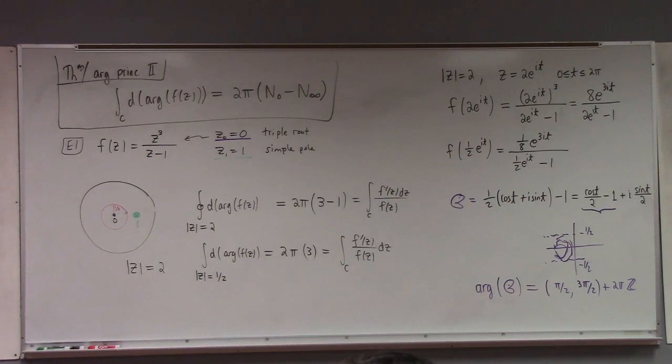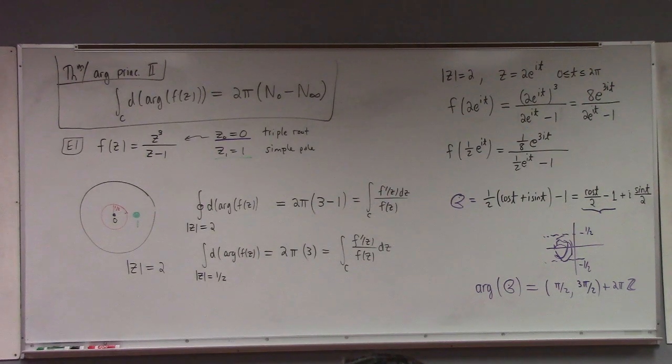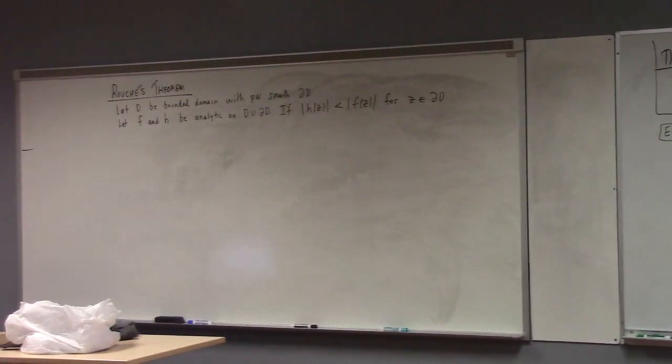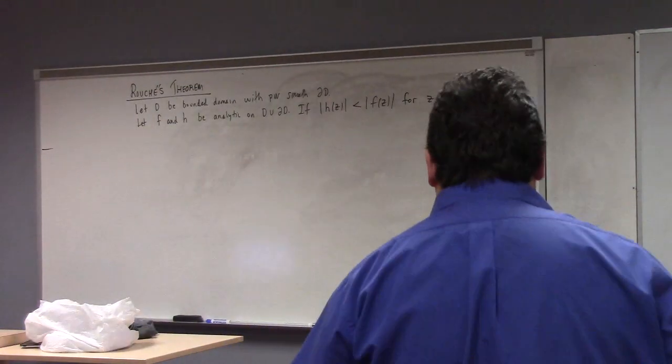If the modulus of H of Z is strictly less than the modulus of F of Z for Z on the boundary, all right, then F of Z and F of Z plus H of Z have the same number of zeros in D, counting multiplicities.